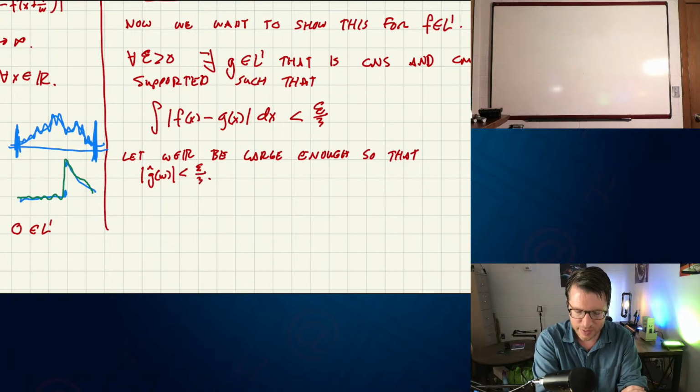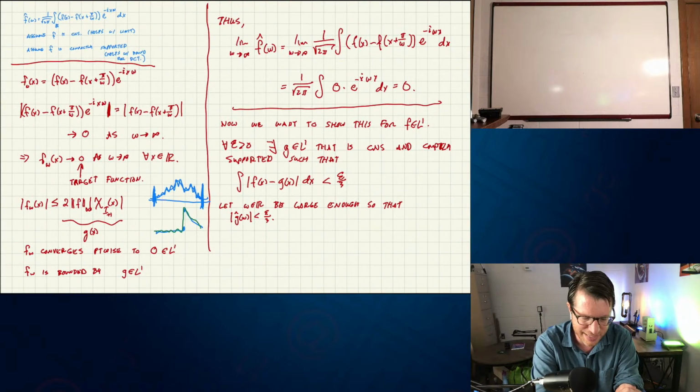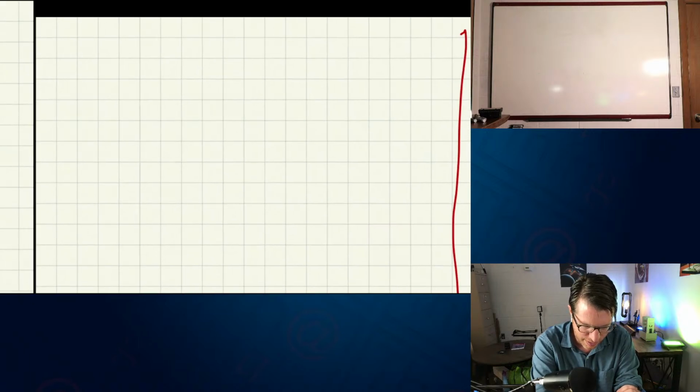Okay, so now let's start taking a look at it. I think it's fine. So we don't have a lot of space here. Sorry, I hate skipping over to a different screen, but here. So we're going to take a look at the Fourier transform of f at omega, and we want to show that this is going to 0.